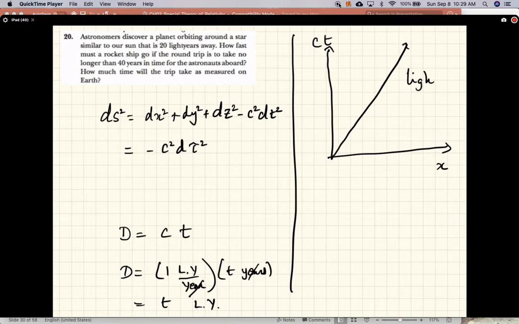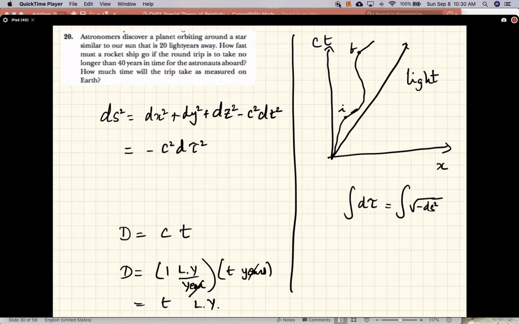Now any particle has a world line like that, and if you wanted to calculate the proper time spent by the particle between initial and final locations, you break this path into little intervals and integrate the square root of minus ds squared.